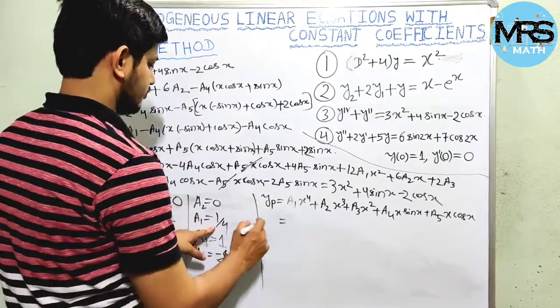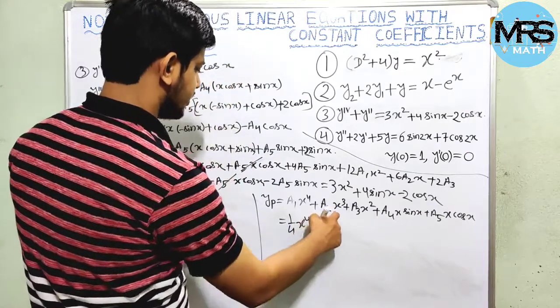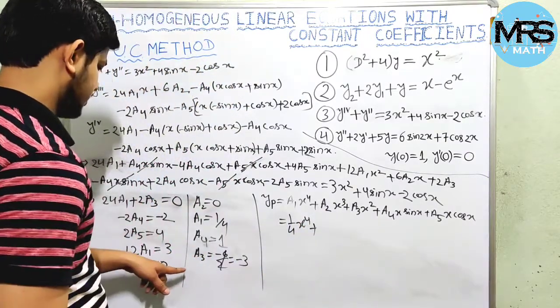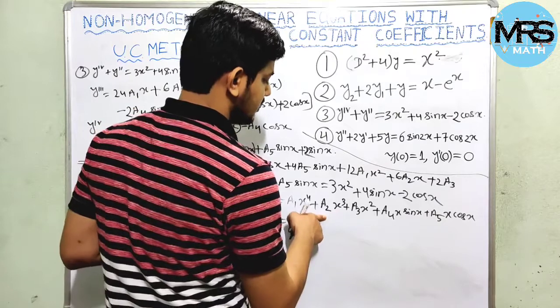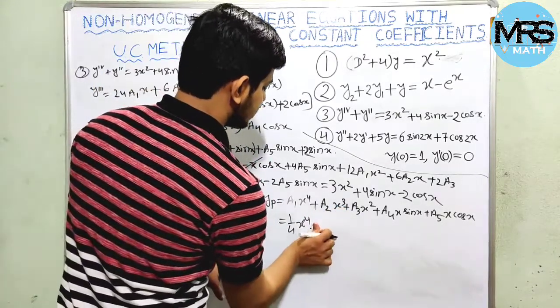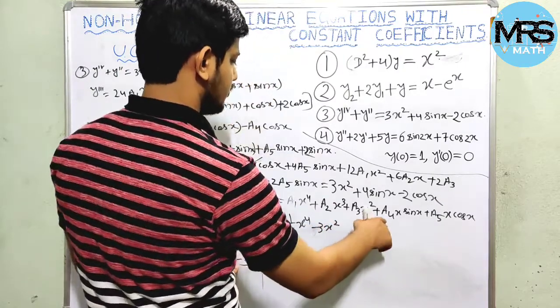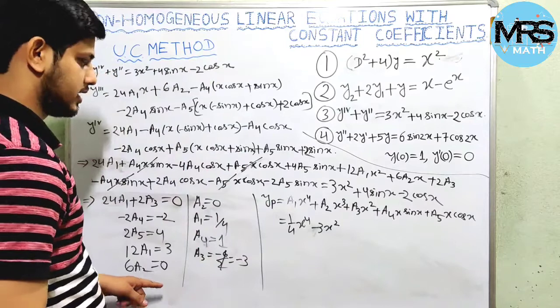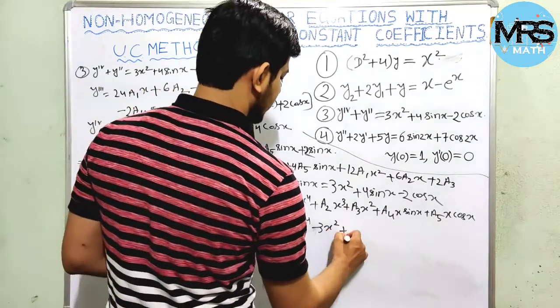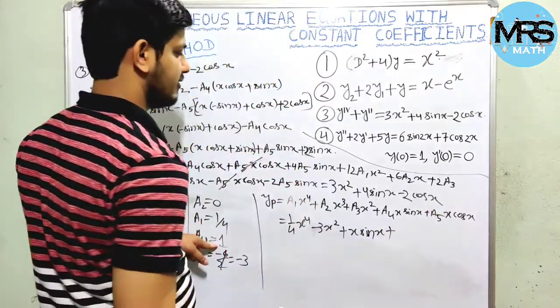So 1 by 4 x4, plus a2 x cube, where a2 is 0 so this term will be 0, then a3 x square, so minus 3 x square, plus x sin x, plus a5 x cos x.